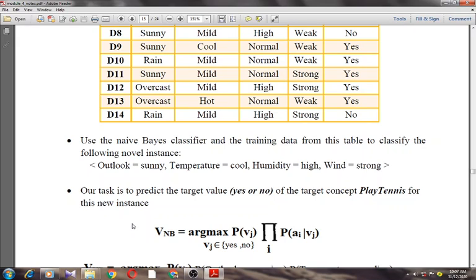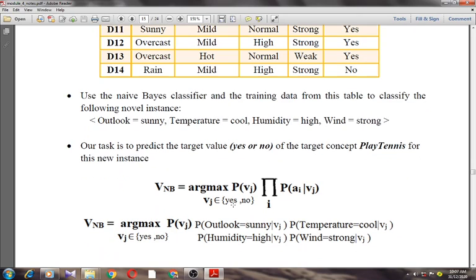Now instantiating the previous equation to fit the current task, the target value V_NB is given by V_NB equal to argmax P(Vj) product over i of P(Ai | Vj), where Vj belongs to yes or no. So yes or no is the target value here.